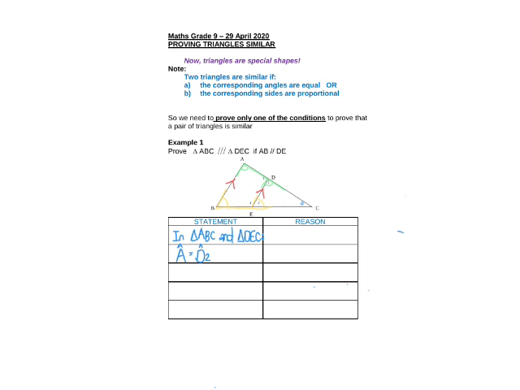So A is equal to D2 because they're corresponding angles, and that is between the parallel lines AB and DE, as given in the information above.